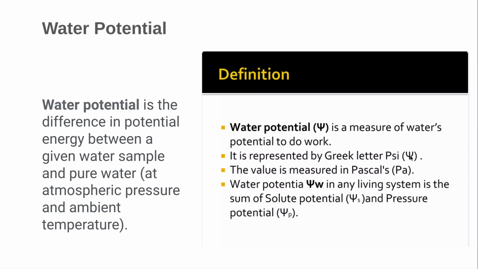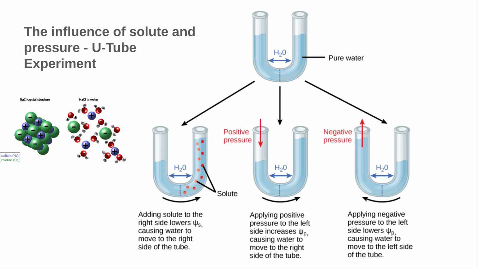There are two factors that influence the water potential in a living system. One is called the solute potential, the other one is called the pressure potential. Solute potential depends upon the amount of solute dissolved in the system. For example, this is a U-shaped tube, separated by a semi-permeable membrane.